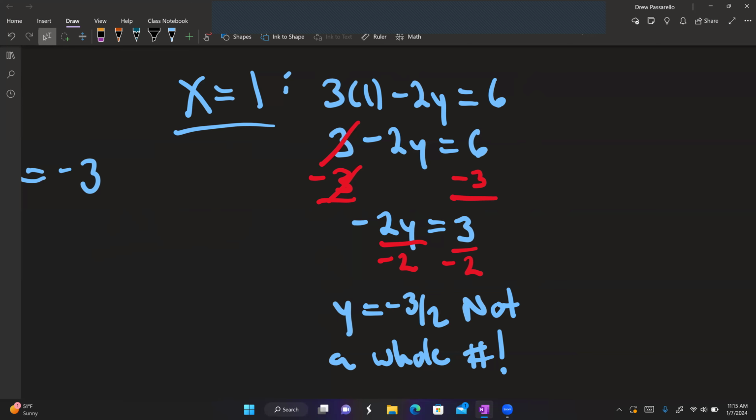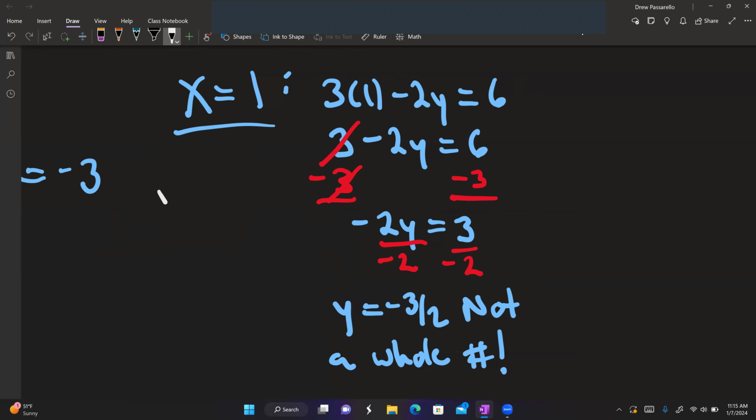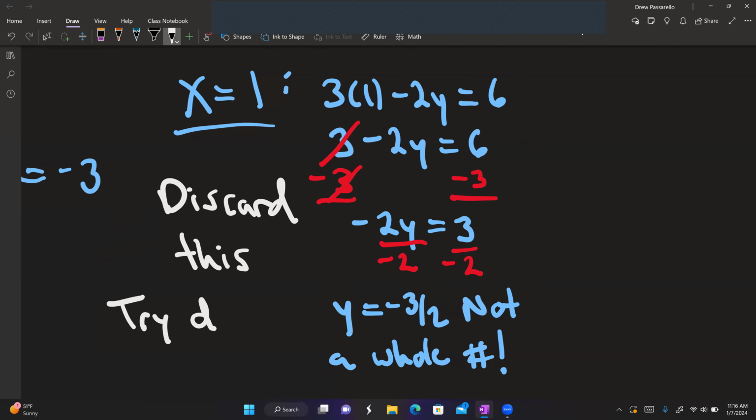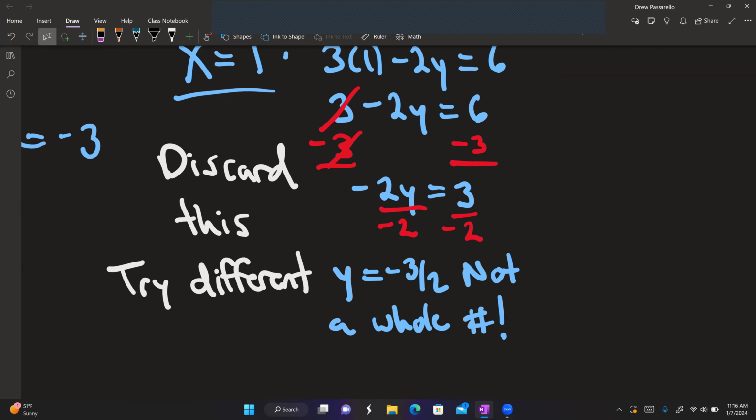So I would probably discard this and then try a different value for x. You see that this process is a little tedious because you get something like this where it's not a whole number.